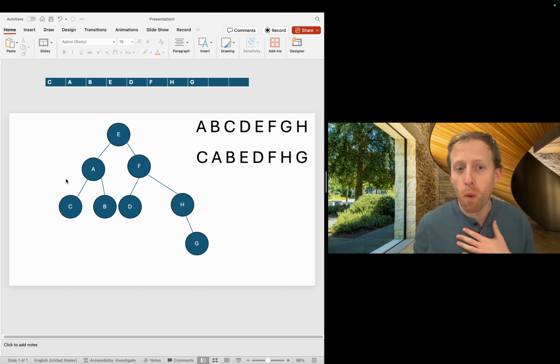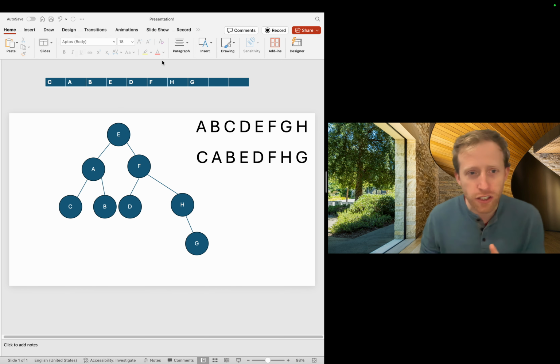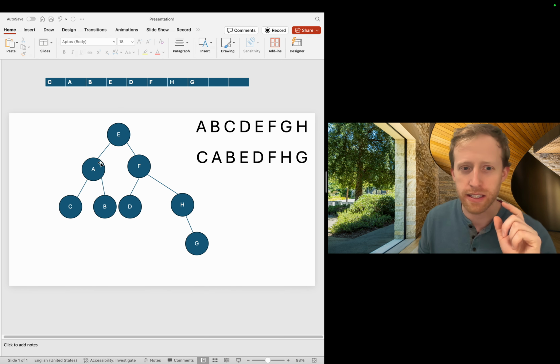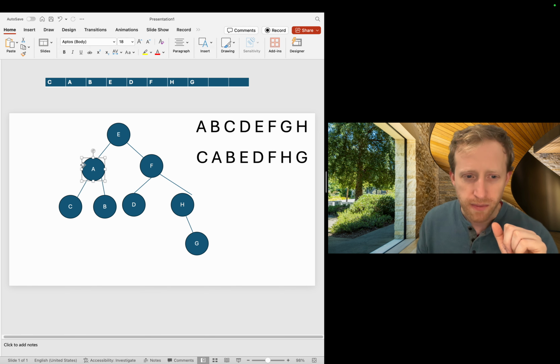One thing about binary search trees is you will see here that they have a specific order. So if we actually read this left to right, it's kind of weird that this E is at the top and then you have A, F and then C, B, D, and so on. But if I actually read this left to right, and I'm going to space this out a little bit more so it becomes more obvious, let me scoot the A over here.